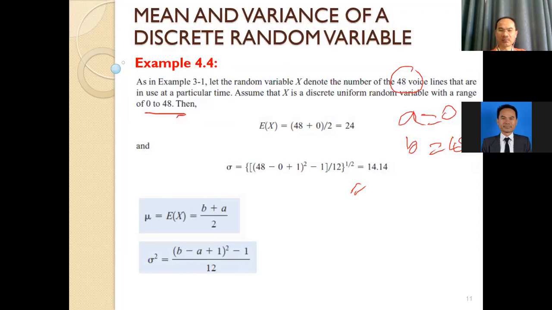And then you can calculate the variance, and you get 14.4. For the uniform, if you know a and b, you can calculate the mean and the variance. For this case, you have to know the minimum and maximum values of the variable x. The y value is the same because it is a uniform distribution.